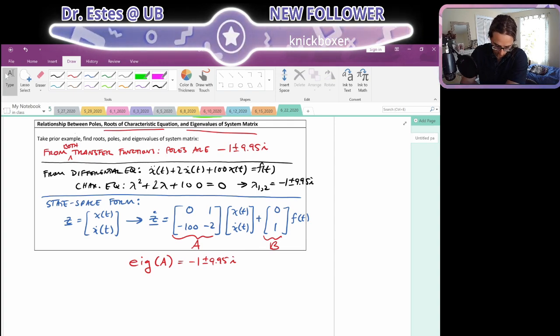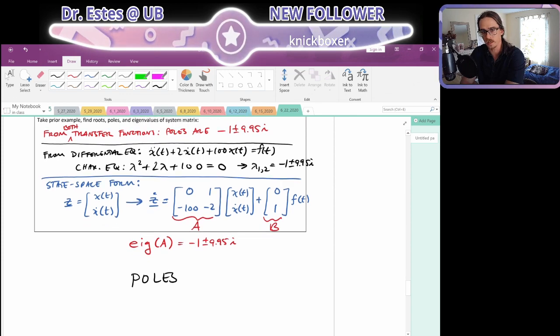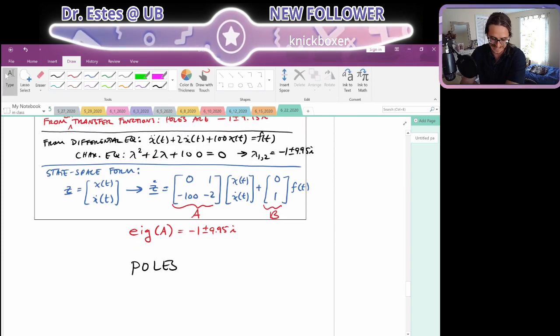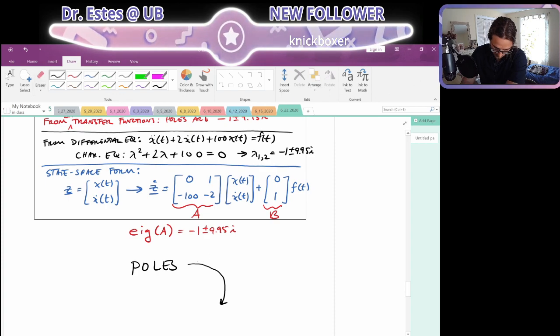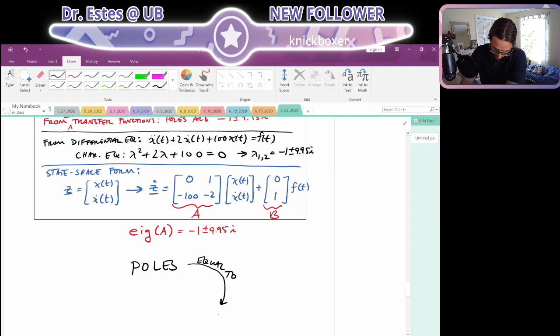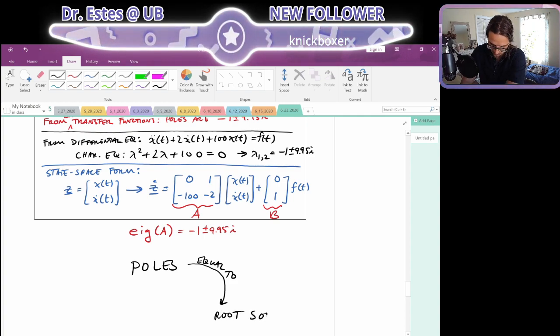So we have this cool relationship. Everything in dynamics kind of does this. Poles, those are equal to roots of the characteristic equation. Really struggling to write.